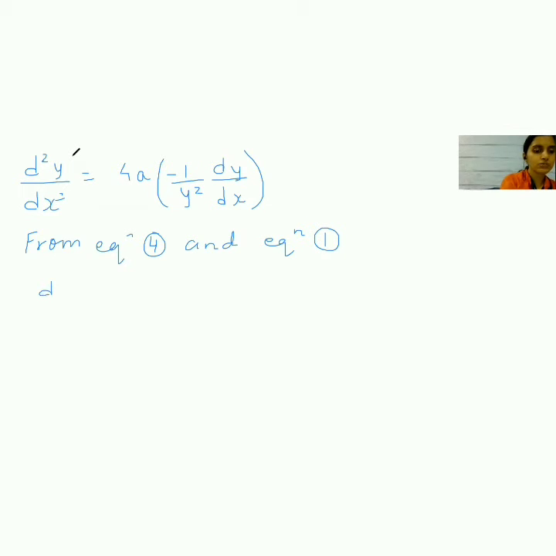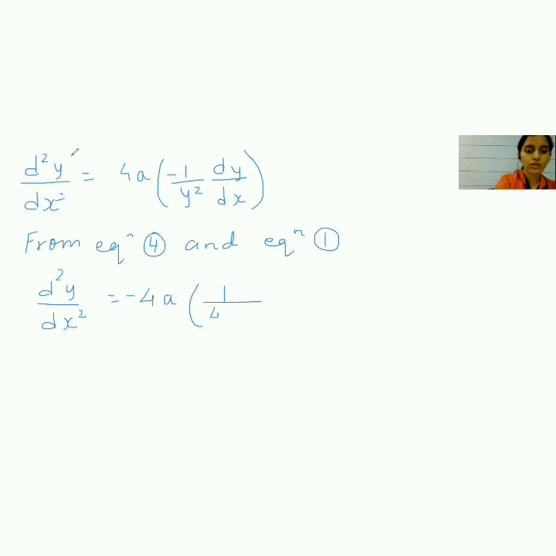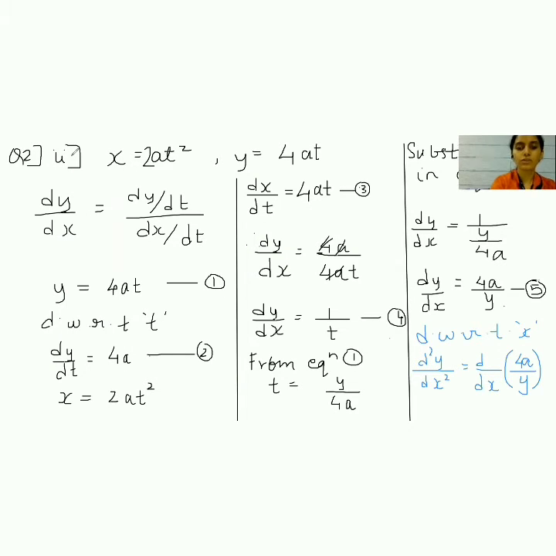So d2y by dx square is equal to 4a, the minus sign I'm taking outside. So this is minus 4a bracket 1 upon, what is y from equation 1? It is 4at. So 4at the whole square multiplied by, what is dy by dx from equation 4? It is 1 upon t.